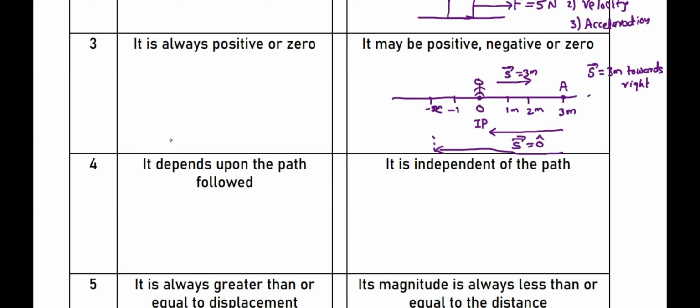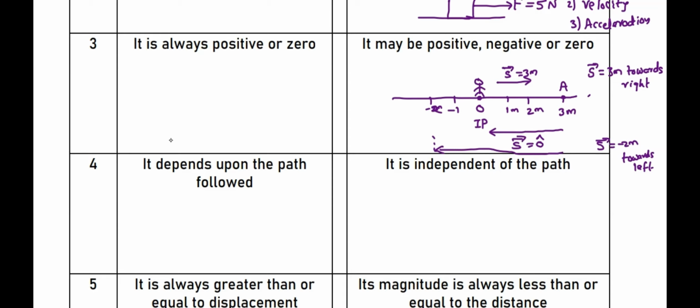The displacement here is -2 meter towards left. Minus represents towards left. That means here direction is also there.